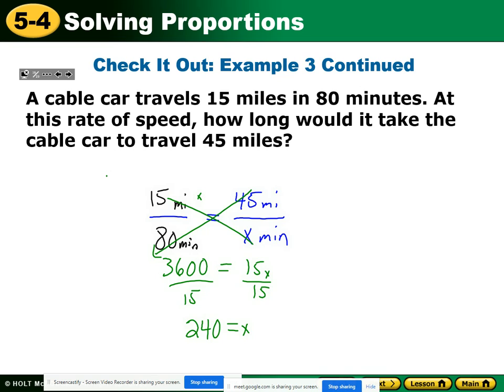How do I get from 15 to 45? I multiply by 3. So if I do the same thing on the bottom, what is 80 times 3? 240. Do you see all that they did?